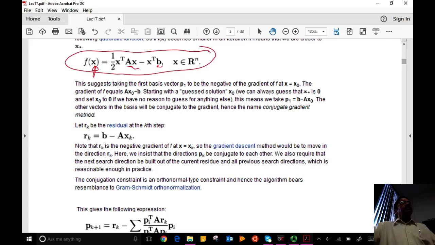But now, the number of rows and columns are the same. AX equal to B has a definite solution, meaning AX minus B should be equal to 0, not the residual that we are trying to minimize. But we still form this objective function, and minimizing this objective function would be equivalent to solving the original problem.